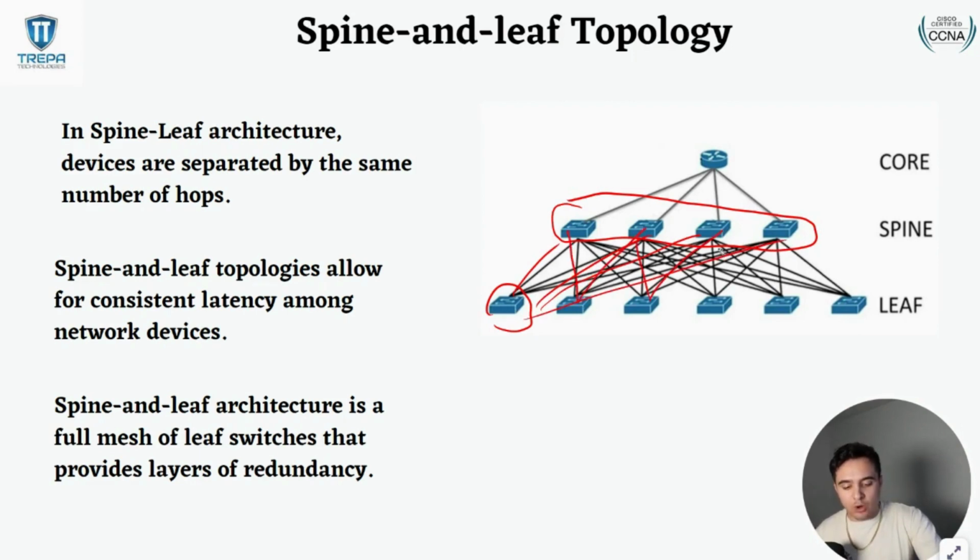So because we have all these redundant connections, every single switch is always one hop away. And because of that, we get consistent latency among all of our network devices because every single network device is one hop away. So the spine and leaf architecture is really a full mesh for the leaf switches.